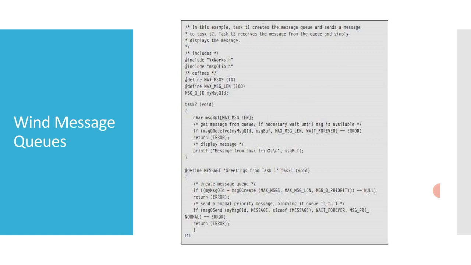Then task 2 gets the message from the queue, if necessary waits until a message is available, then displays the message. You can see a printf statement, message from task 1: %s, the MSG buffer. Here you can display the message.